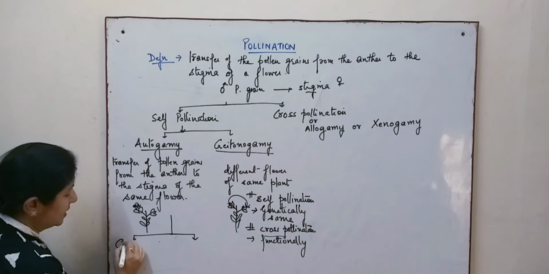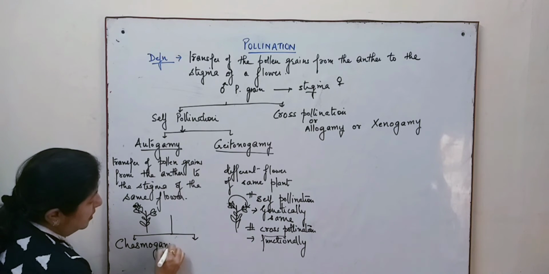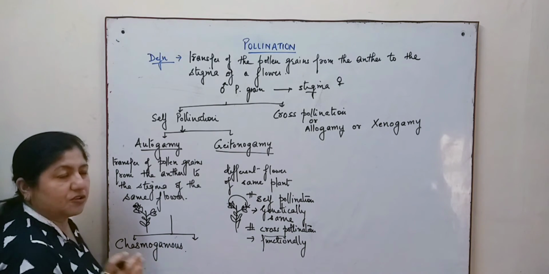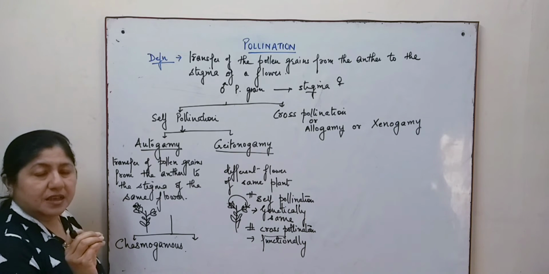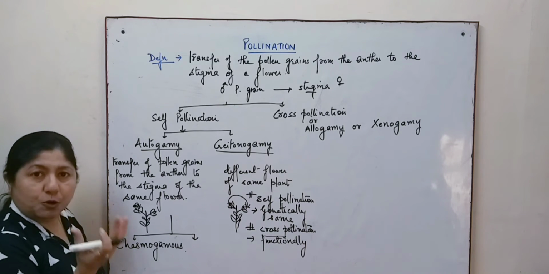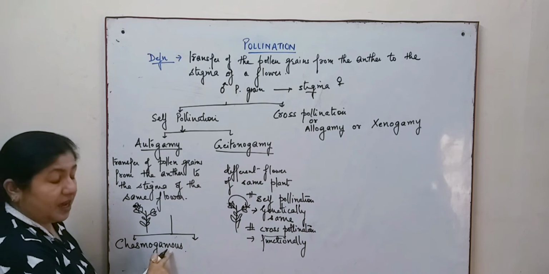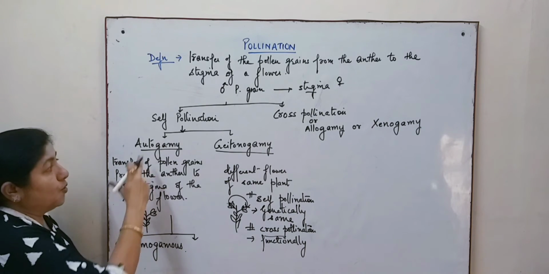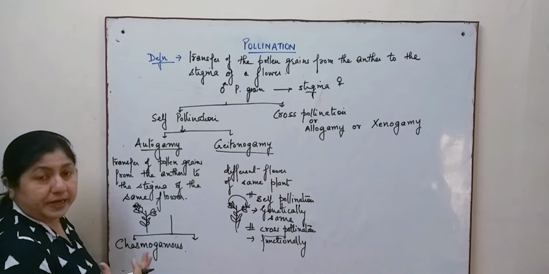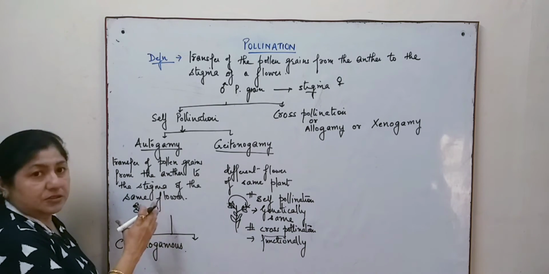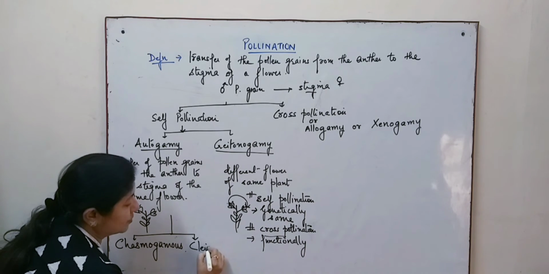One is chasmogamous flowers. Certain species such as oxalis and pansy show flowers which may be open or closed. The chasmogamous flowers are those flowers which show autogamy, but these flowers open properly, bringing about the process of self-pollination. The other type is cleistogamous flowers.